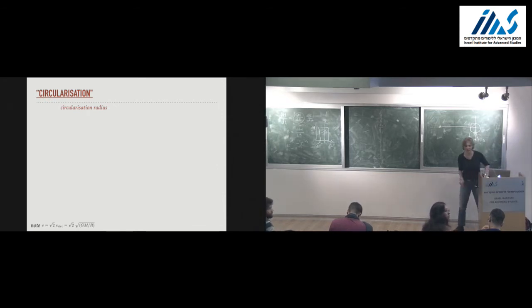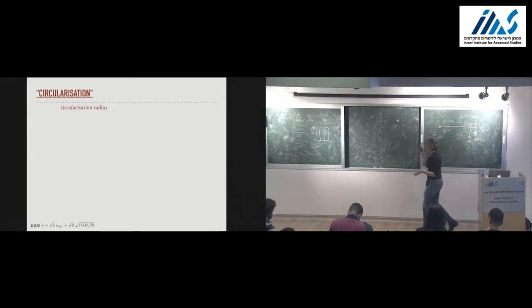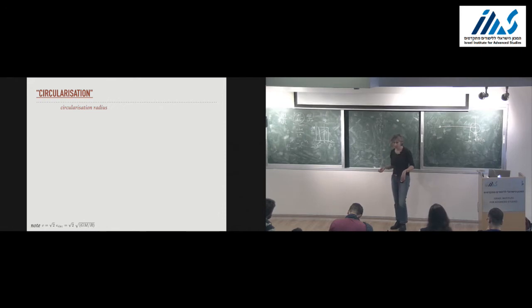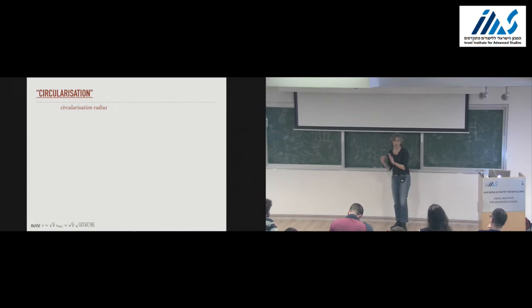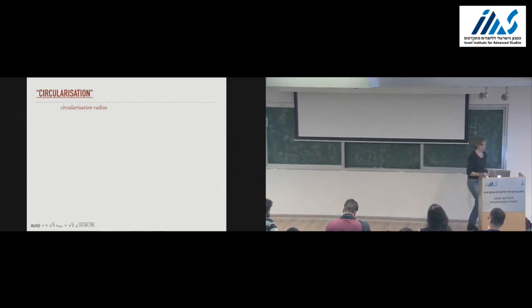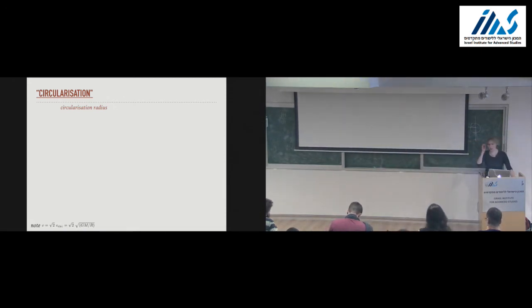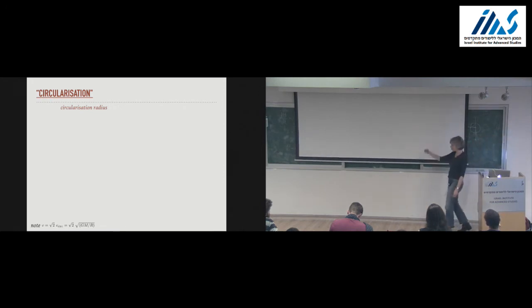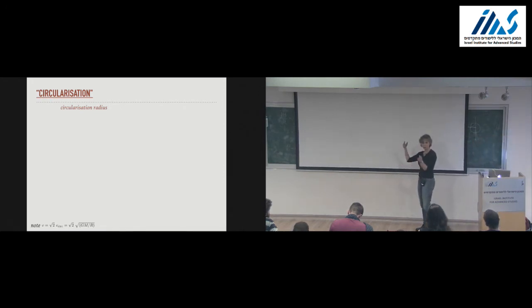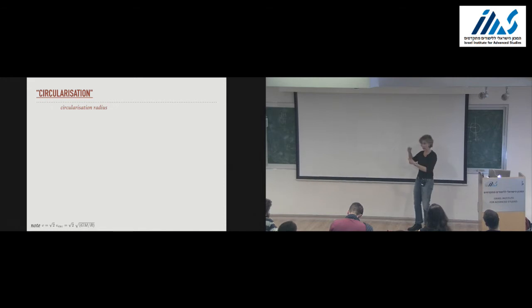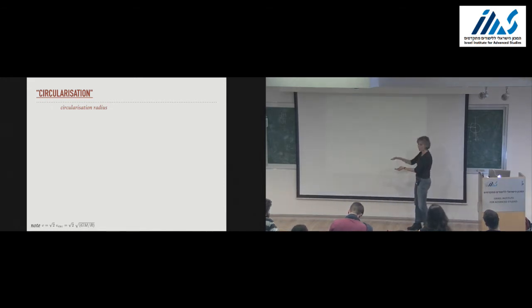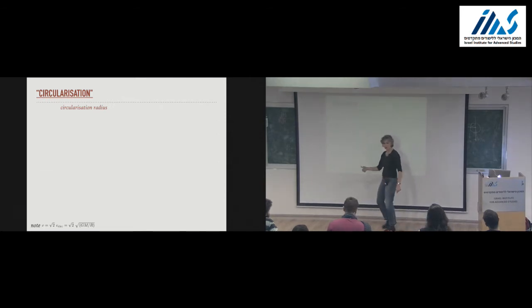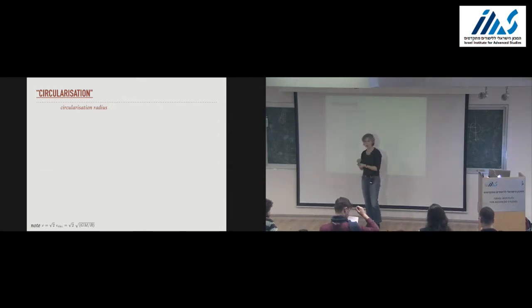Coffee on me afterwards. Okay, and now we have this material coming back, and I want this material to form a disk, to circularize. And we're going to do the calculation together. What does it mean to circularize? That this highly eccentric stream, you used ellipses to calculate the return rate, and we want these ellipses to eventually form a disk, so be on a circular orbit.